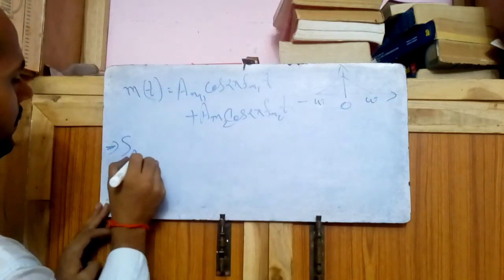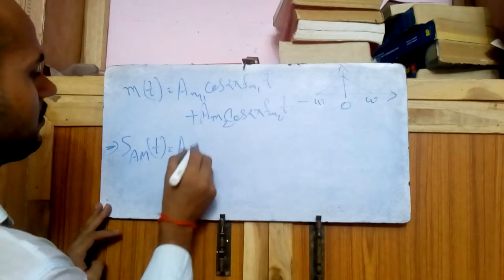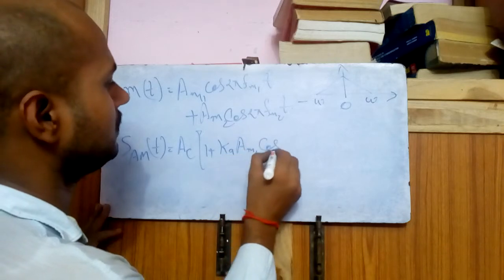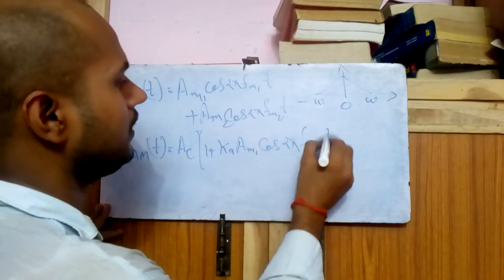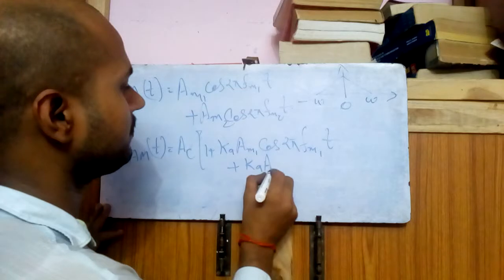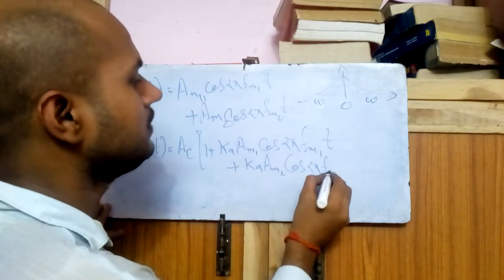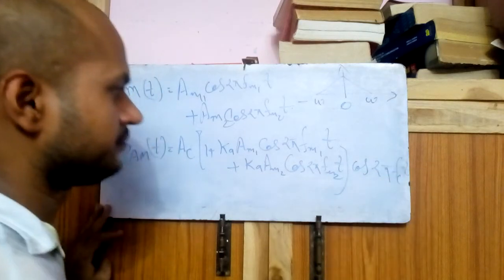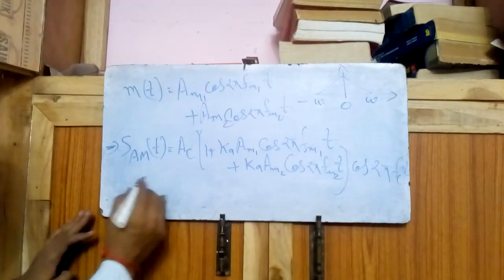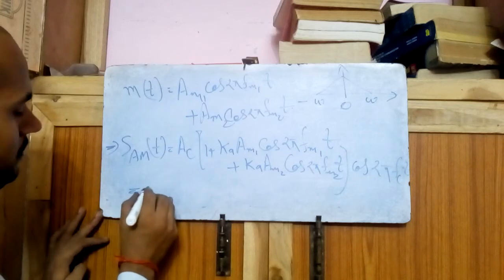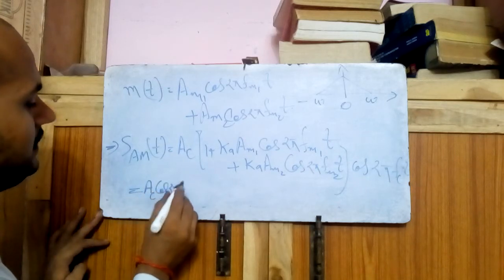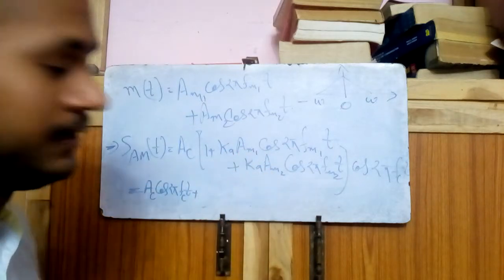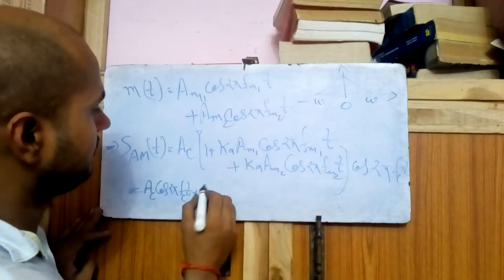Put this in the AM formula: Ac [1 + Ka Am1 cos 2 pi fm1 t + Ka Am2 cos 2 pi fm2 t] cos 2 pi fc t. The carrier is the same. By solving this, we get Ac cos 2 pi fc t, the carrier component, and two upper side bands and two lower side bands, right?